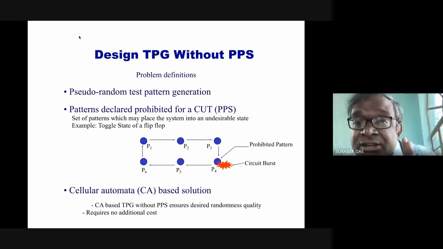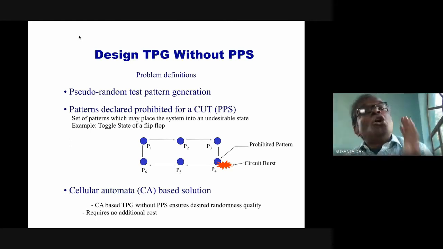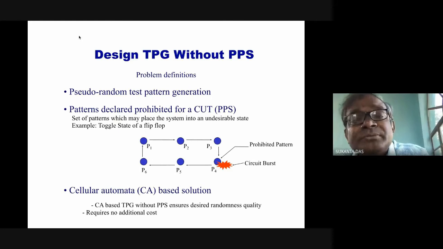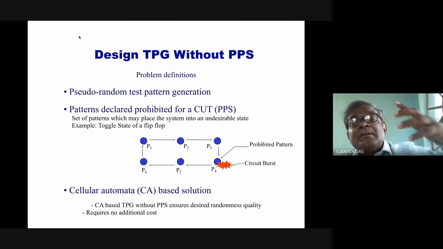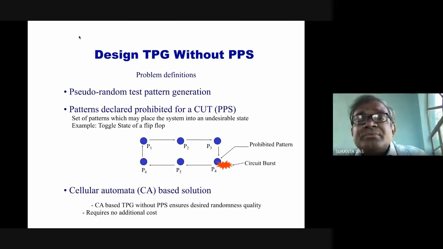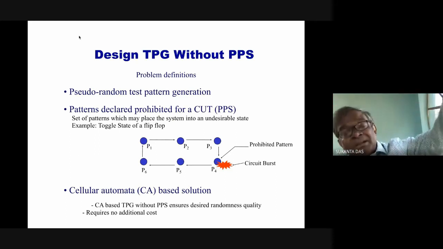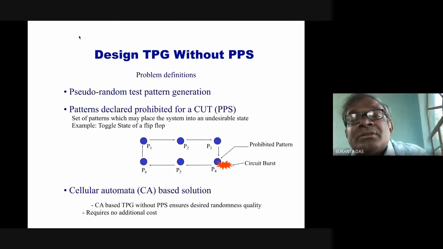So while you test your circuit, you should not give those patterns as input, right? Now, if you give pseudo-random patterns as input to test your circuit, pseudo-random patterns are very popular. It's a random pattern, not a deterministic pattern. So any pattern may come here. Now, during that testing, if some prohibited pattern from the PPS comes, your system may malfunction.